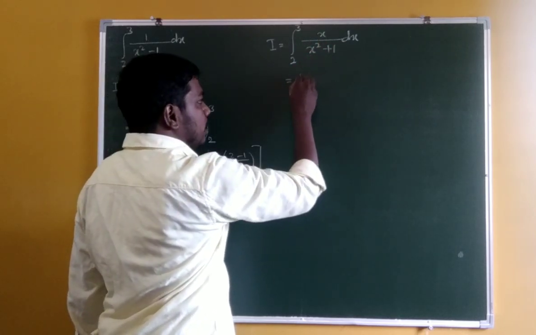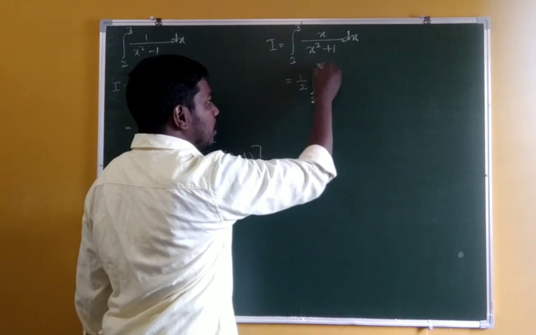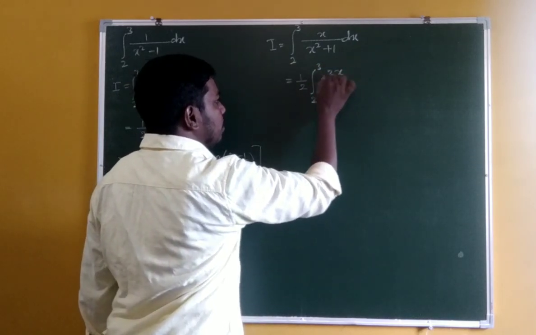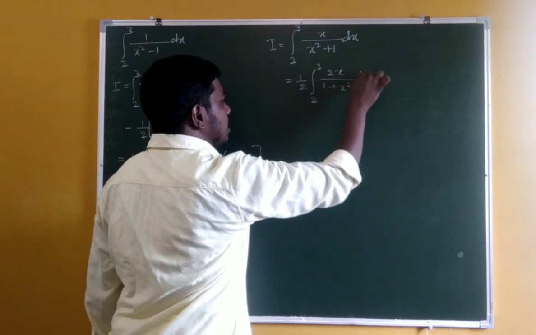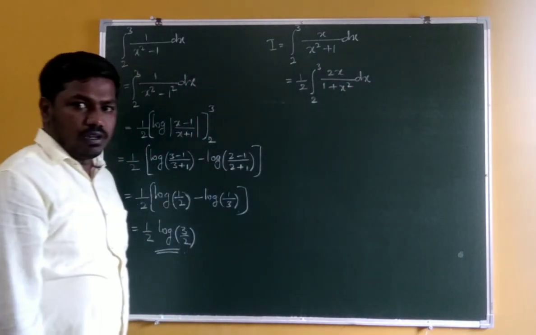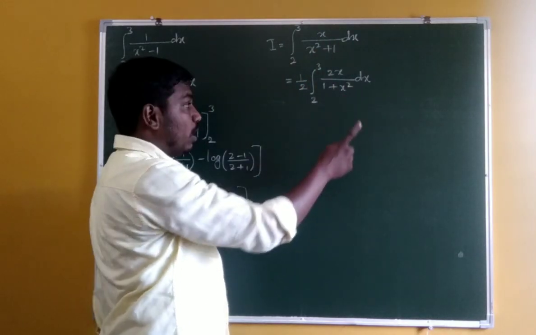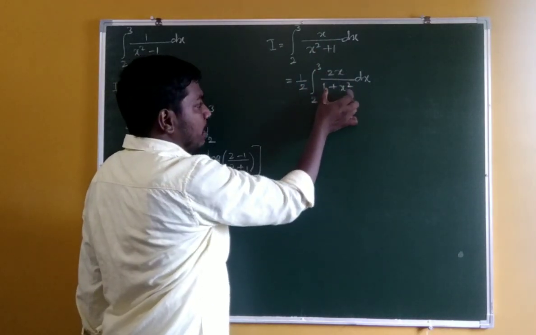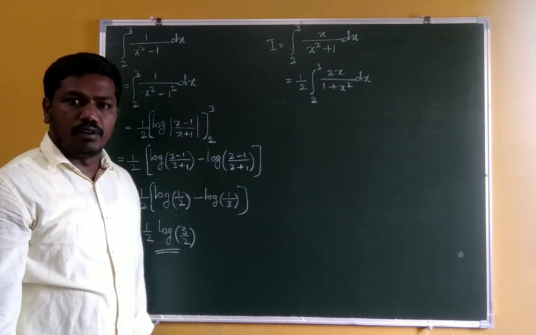So 1 by 2 into integration from 2 to 3 of 2x divided by x square plus 1. Now it reduces to the known integral formula, f dash of x divided by f of x.